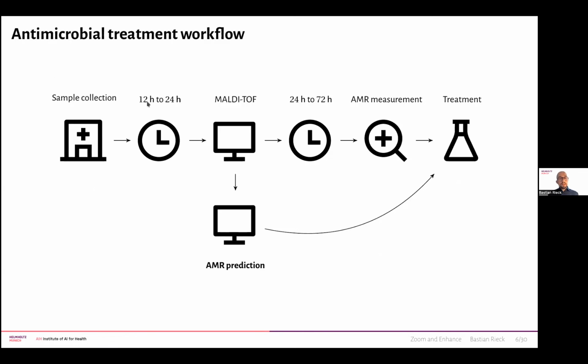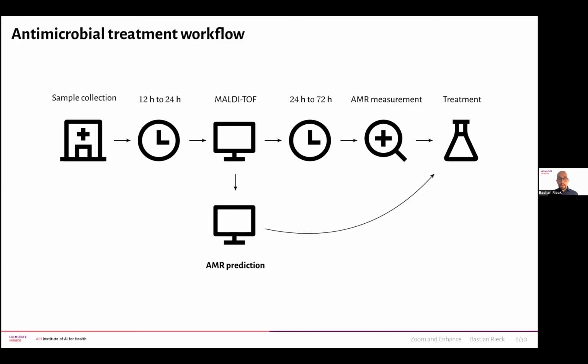Then these samples are being cultured for up to 24 hours. And standard MALDI-TOF is being used in order to do the preliminary species identification potentially. Then the samples are furthermore cultured for up to 72 hours. And during this culturing process, AMR measurements, so antimicrobial resistance measurements, are being taken.